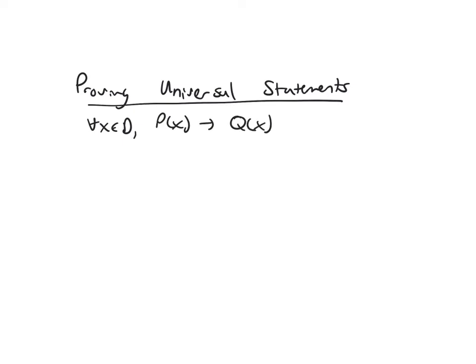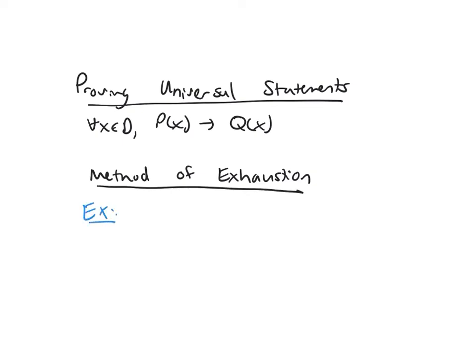And what we're going to use is called the method of exhaustion, which we've talked about before. So let's just look at an example. Use the method of exhaustion to prove the following.